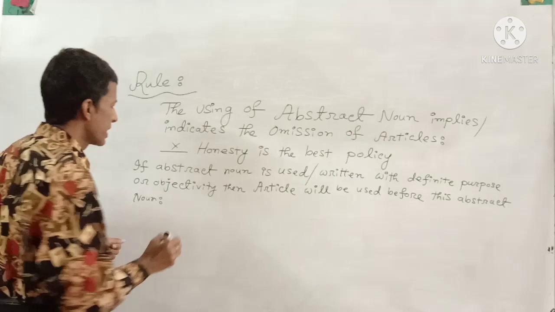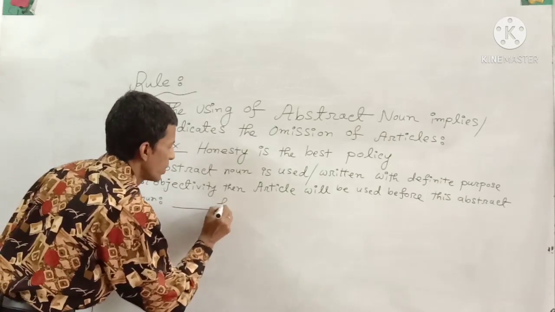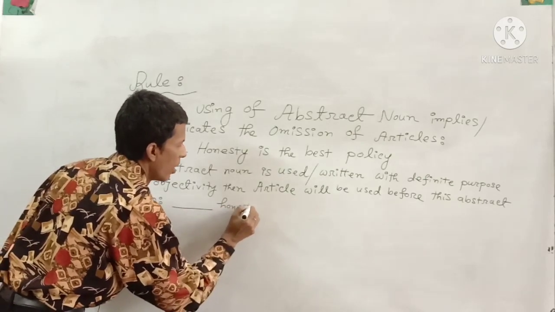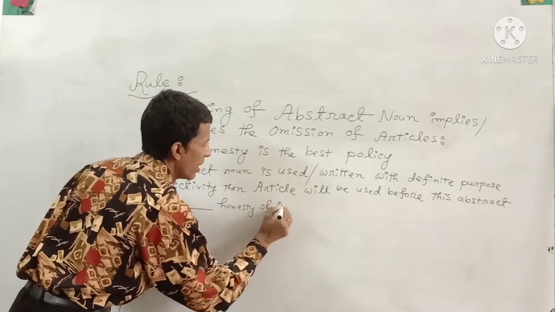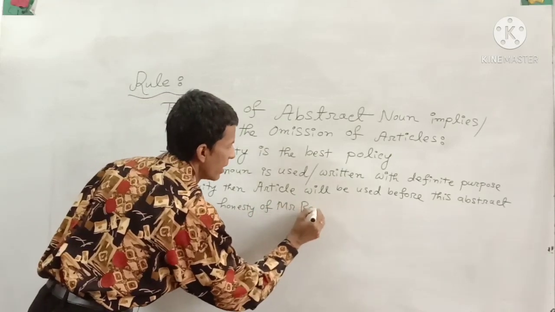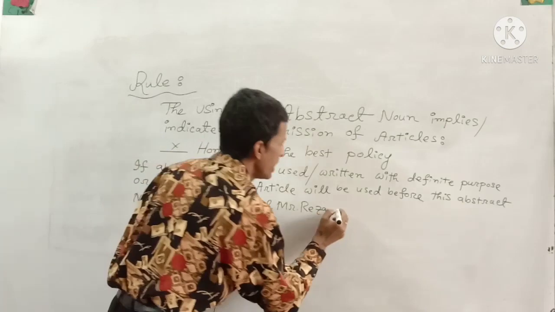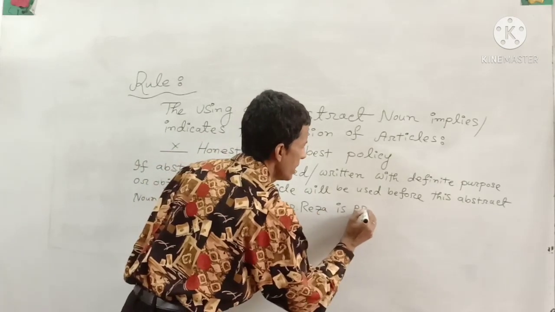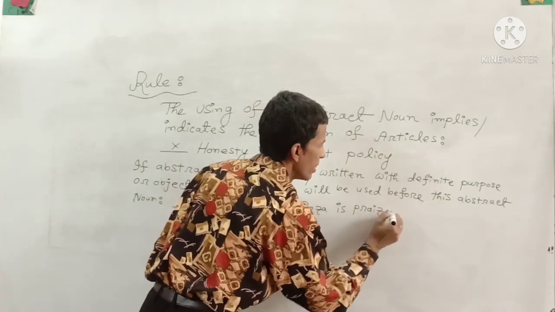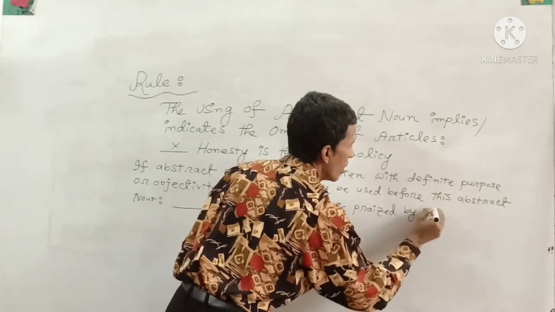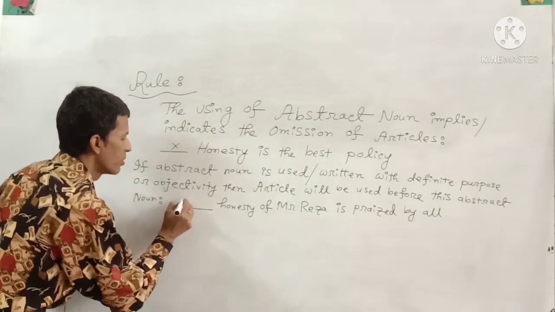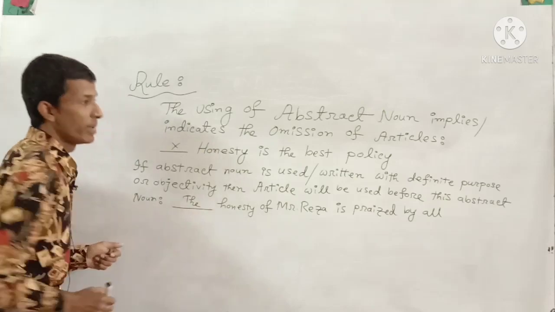Now look at the example. Dash honesty of Mr. Reja is praised by all. Here you will have to use definite article, that means the.